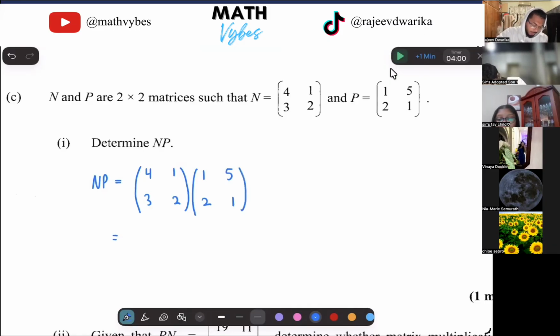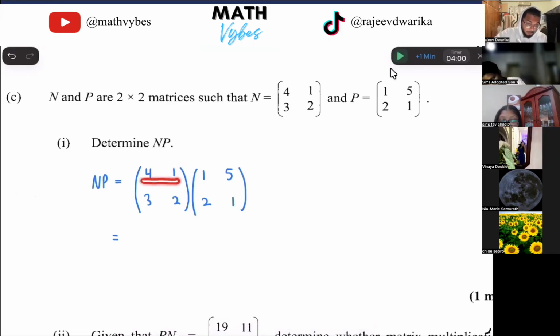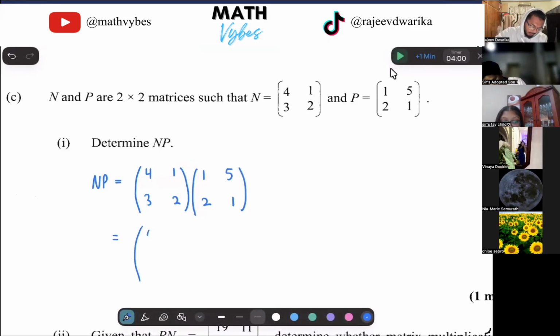Great. So you want to multiply rows by columns. So we're starting off with the first row by the first column. So 4 by 1, 1 by 2. So we multiply the first row by the column, and we're going to move on to the second row.